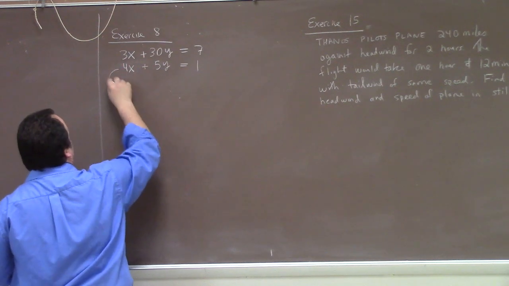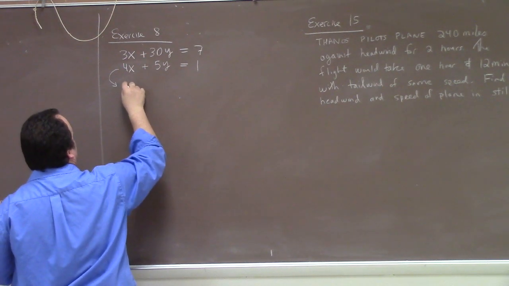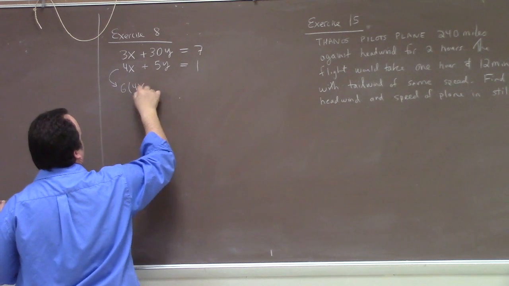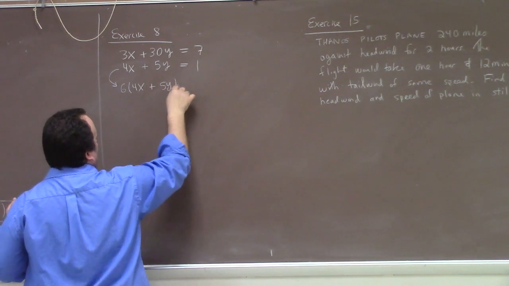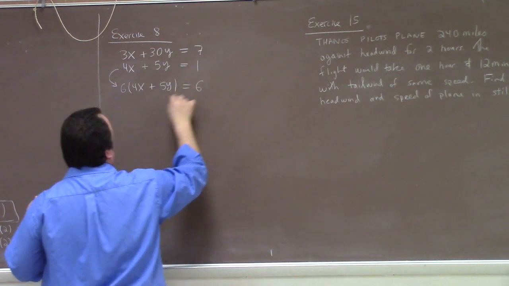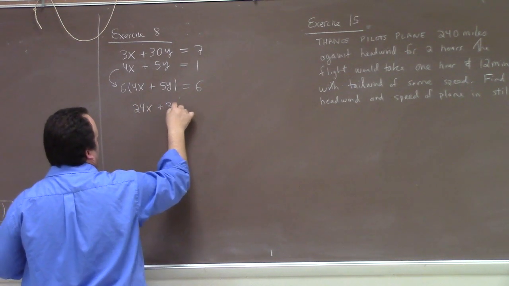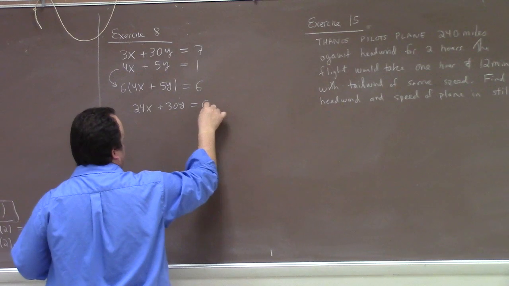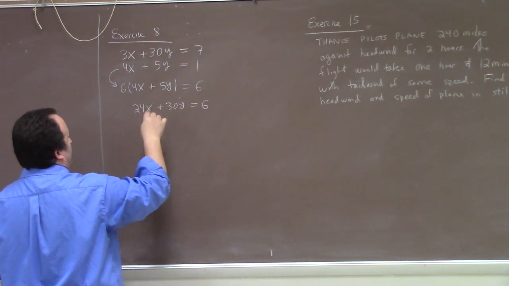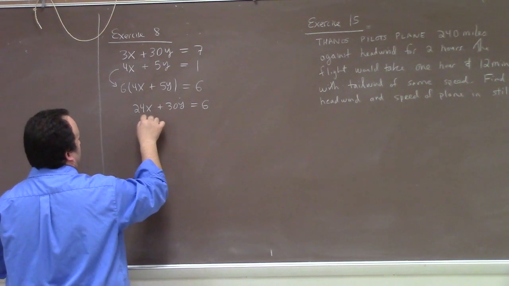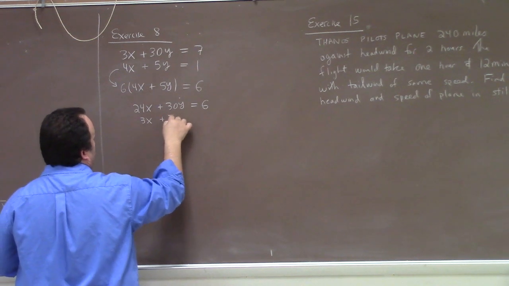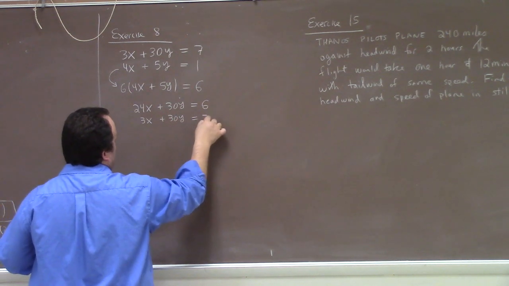So that multiplied by 6 gives me 24x plus 30y equals 6, right? And I'm going to copy down the first equation again, which was 3x plus 30y equals 7, right?